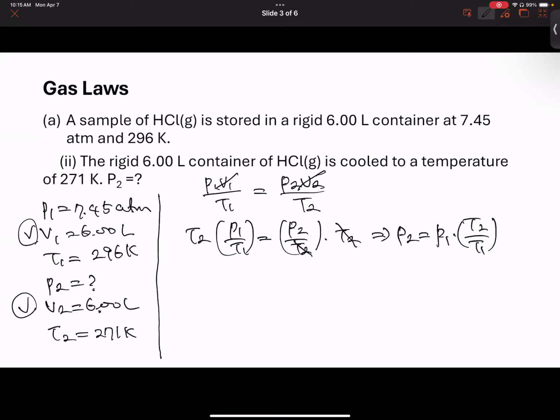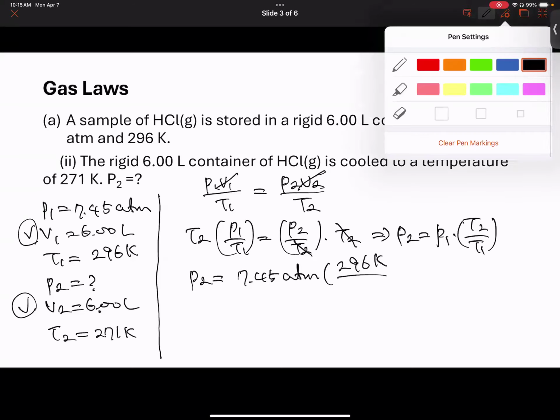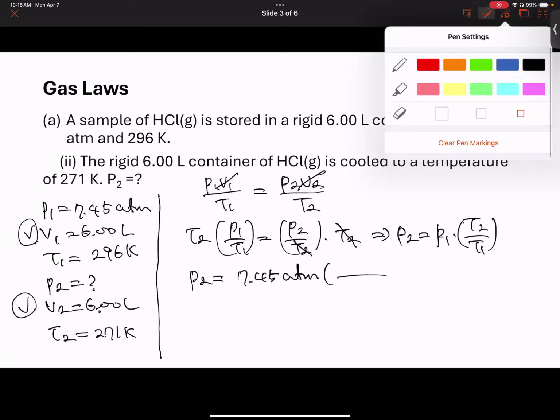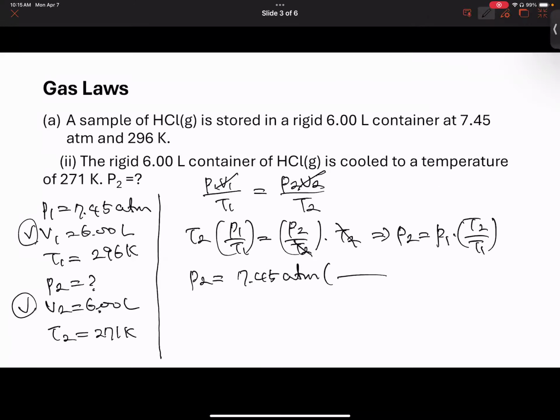Okay. So then let's plug in everything, we are ready. P2 is equal to P1. P1 is 7.45 atm times, T2 is 271, so let me correct it: 271 Kelvin over 296 Kelvin.